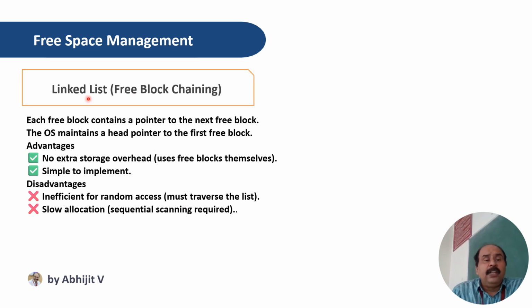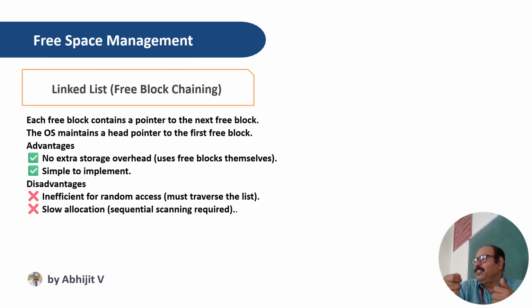The next is linked list free block chaining. The next free space management technique that we are using is linked list free block chaining. So this is like a chain, like a relay. You have seen relays, right? One person will be holding the relay baton.